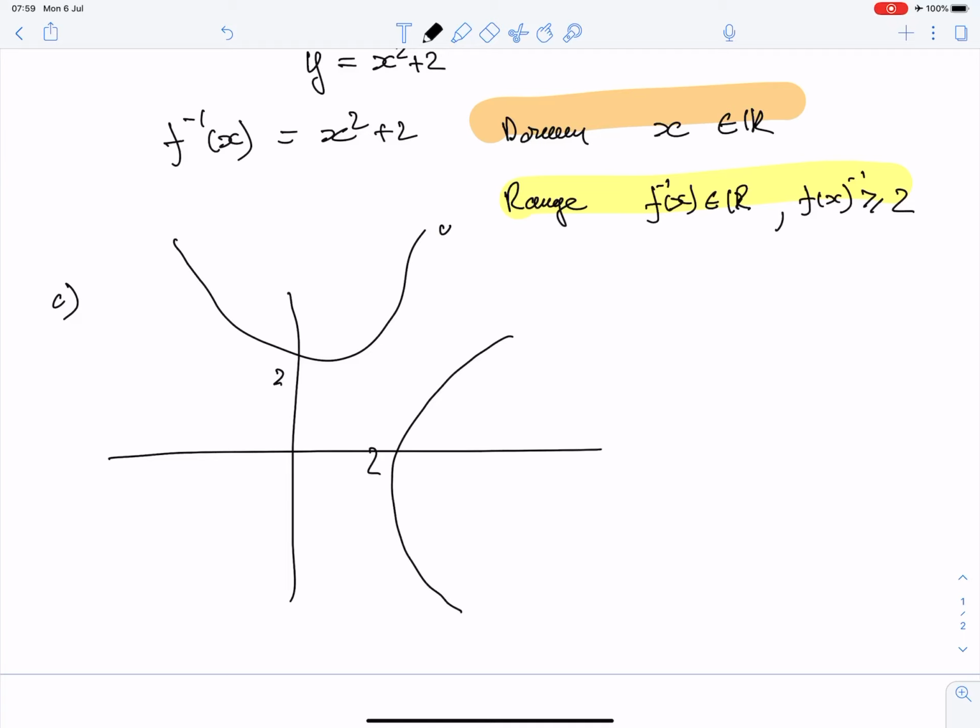So this was y equals f inverse of x, this is y equals f of x, and y equals x is the mirror line, if you like. One reflects to give the other, even if it doesn't really look like it on my diagram.